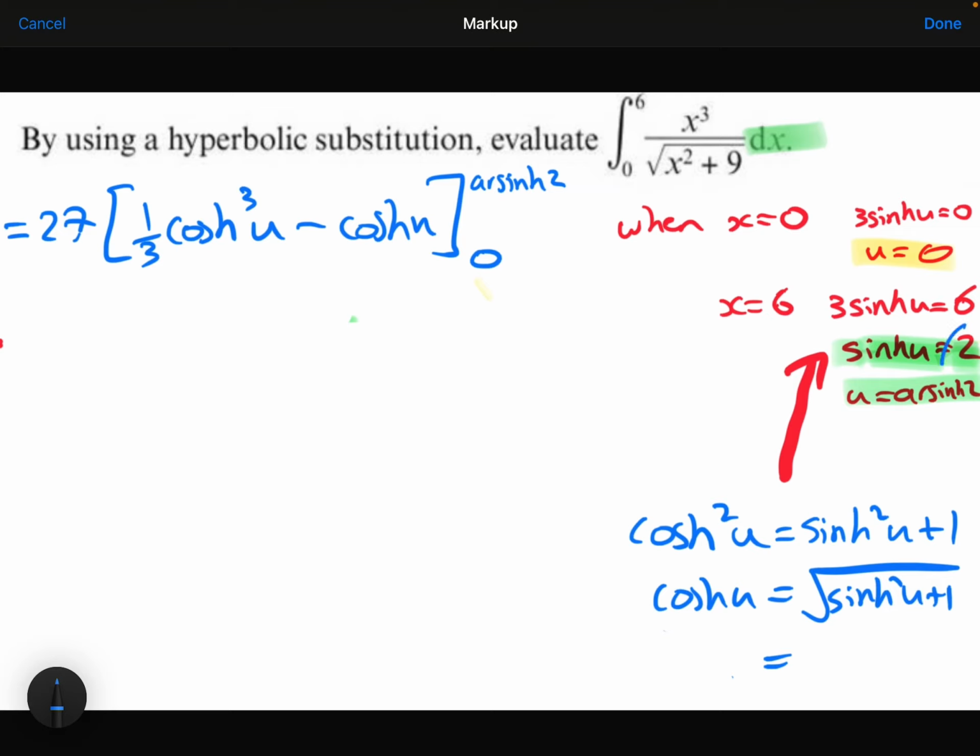So I got the square root of 2 squared plus 1, which is root 5. So the point of this is, instead of trying to substitute r sinh 2 in here and here, I've just figured out that actually r sinh 2 is the same thing as cosh u equals root 5. So this is root 5, and this is going to be root 5 cubed.